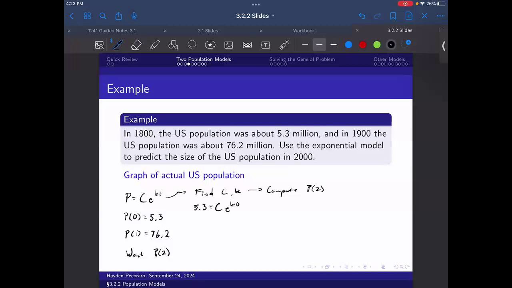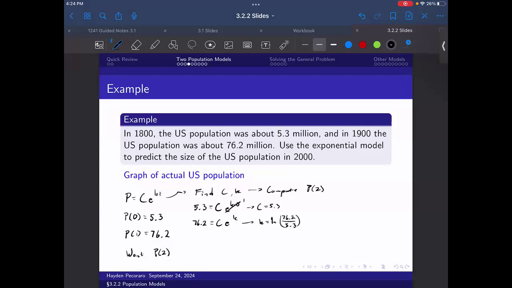And 76.2 should equal c times e to the k times 1. Okay, well, e to the 0 is 1, so we just get the value of c outright as 5.3. And then here, if we solve for k, we should get the natural log of 76.2 divided by 5.3.